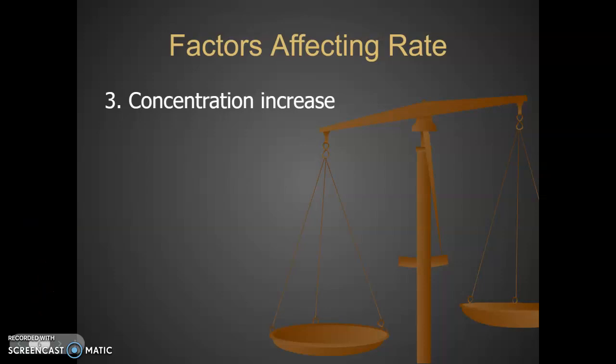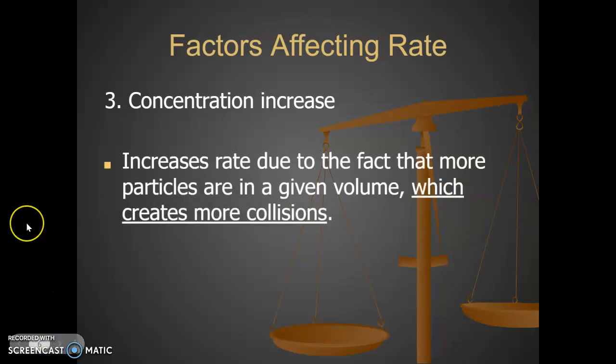Third thing would be concentration increases. So if you increase your concentration of your molecules, there's going to be more collisions, right? Because if you have more molecules in a given amount of space, chances are the likelihood of those molecules coming into contact with each other is going to increase, which will increase the rate of reaction, right?